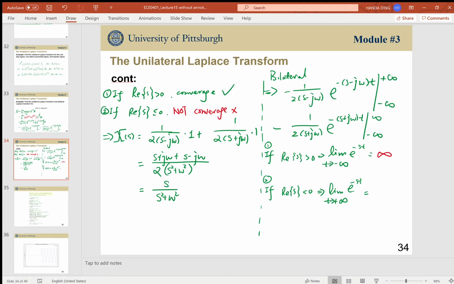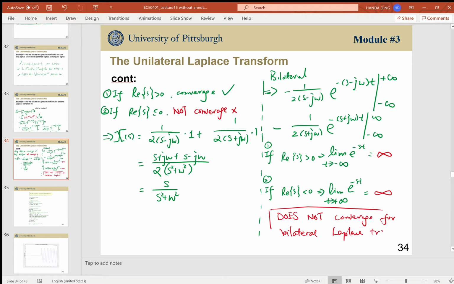It's actually infinity as well, right? There you see the problem with the bilateral Laplace transform. It's not going to work. It does not converge at all for the bilateral Laplace transform.